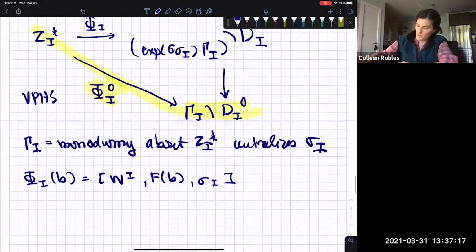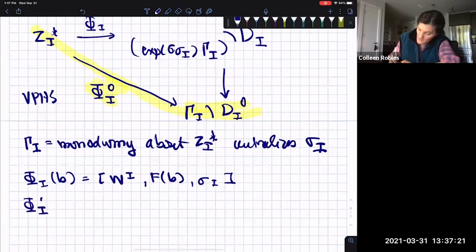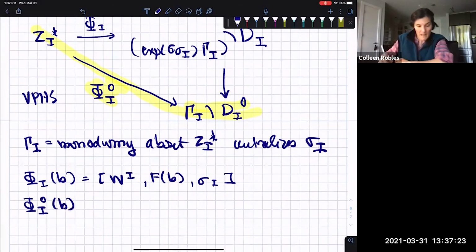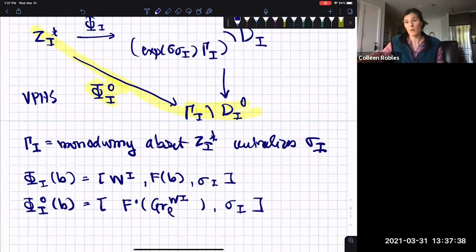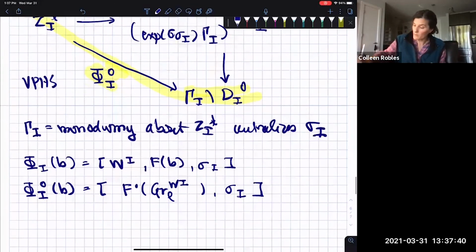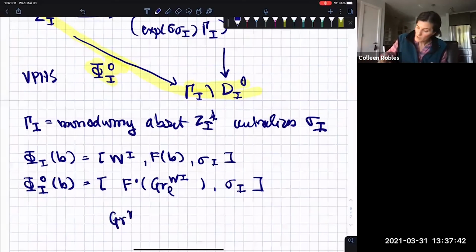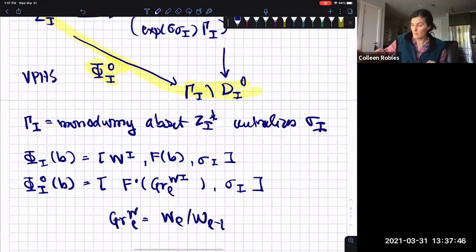Okay, so this second map, phi I naught of B, is mapping to the Hodge filtration on the weight graded quotients, and it has a family of polarizations coming from the nilpotent cone. Here GR W L is W L mod W L minus 1.